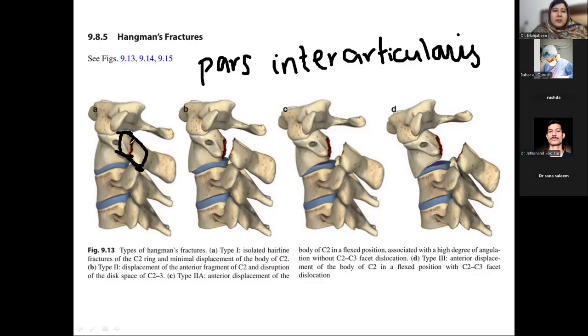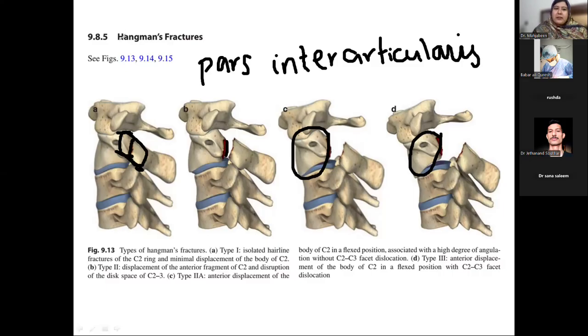So the fracture that involves the pars interarticularis, and obviously जब pars interarticularis का fracture होगा, obviously it will cause instability of C2 C3 joint, and the C2, that is the axis, will be dislocated or subluxed. It will dislocate from its normal position, and there will be subluxation.